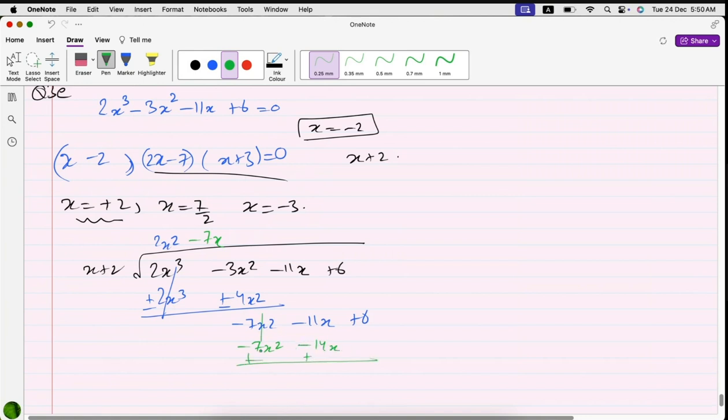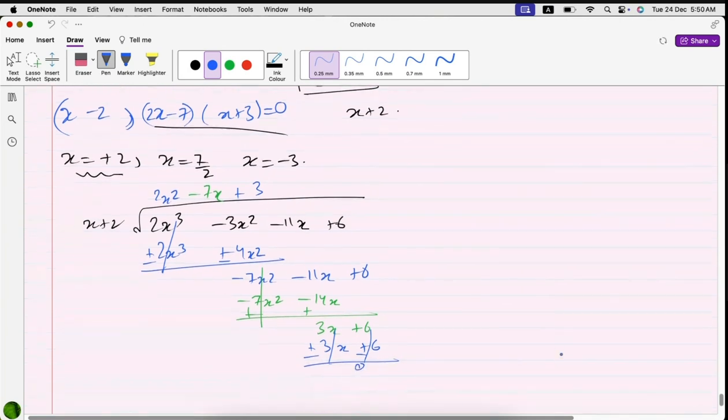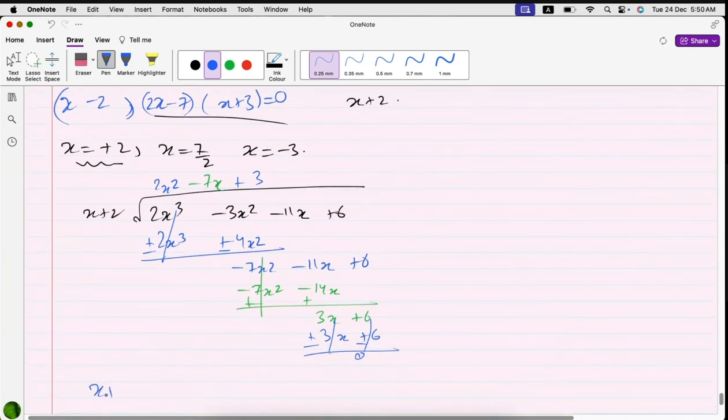Plus 3x plus 6. Then we go for 3. This is 3x plus 6. Signs changed and 0. So x plus 2 into 2x square minus 7x plus 3 equals 0.